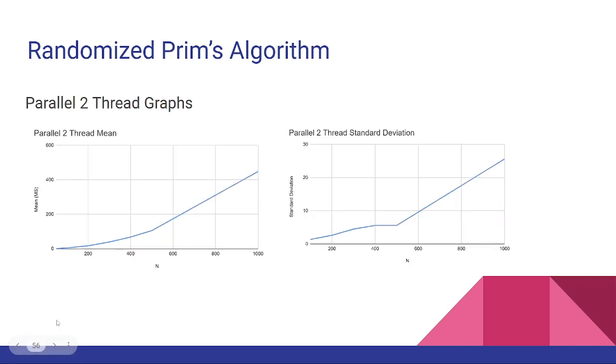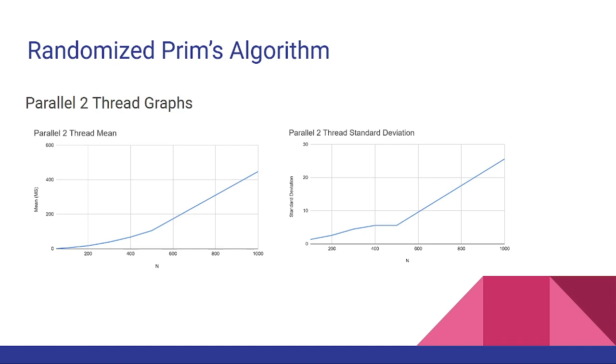Now for the first parallel implementation, which used 2 threads, you can see immediately that it's much slower than the sequential version. At first, it's roughly the same mean at the smaller grid sizes, but as it increases, once it gets to a grid size of 1,000, it's a little over 400 milliseconds, which is much slower than the sequential version.